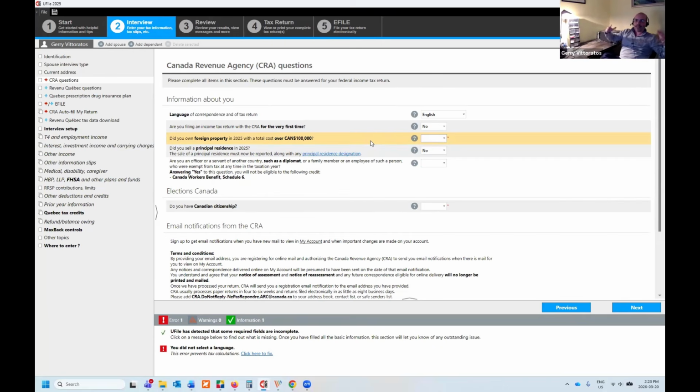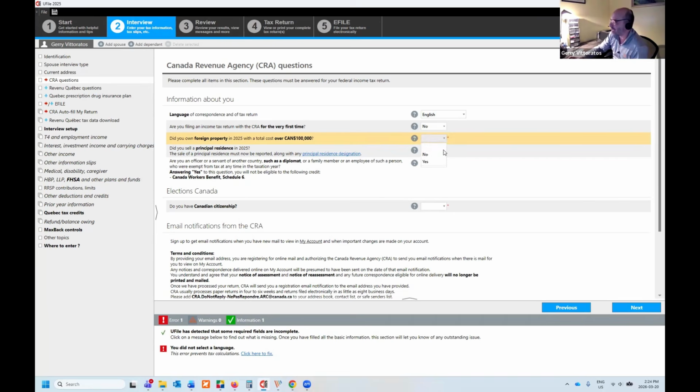So if for example, you have a taxable account, meaning it's not a registered account, so it's not an RSP, it's not a RIF, it's not an FHSA, it's not a TFSA, and the cost of all those shares goes above $100,000 Canadian at some point in the year, then you have to mention it to the government. The government wants you to list those properties to them.